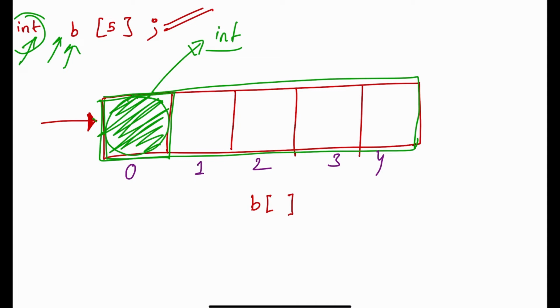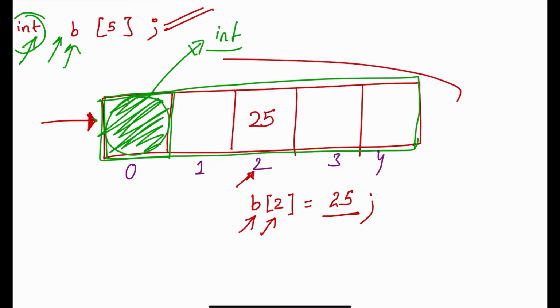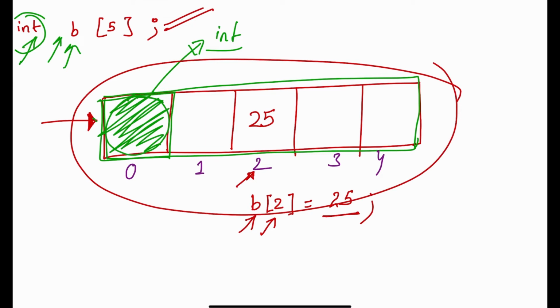For example, if we want to store something at the location of index 2, we will give 2, then put an equal to sign, which means in array B at position 2 we are going to store something. That something is equal to what we define here, say 25. So now once we do this, 25 will get stored here. This is how our array basically looks like, and by this we can externally give the data to it.